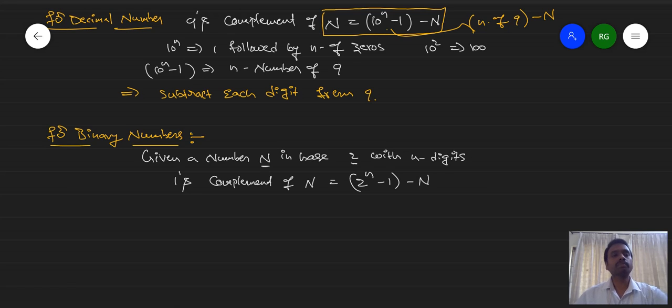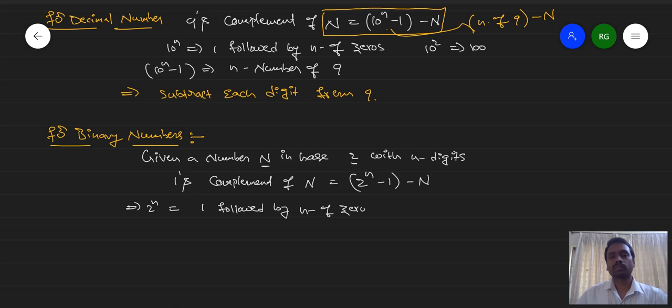For the binary number system, the base is 2. For that reason it is 2 power n minus 1. So here also 2 power n is equal to 1 followed by n number of zeros.